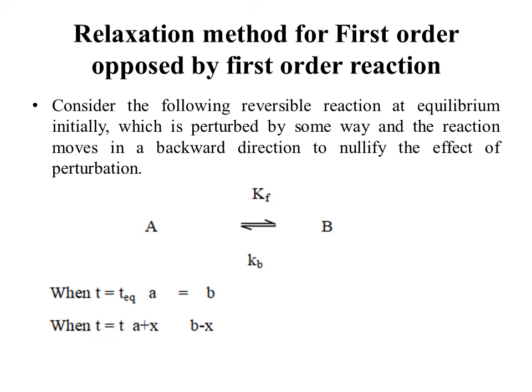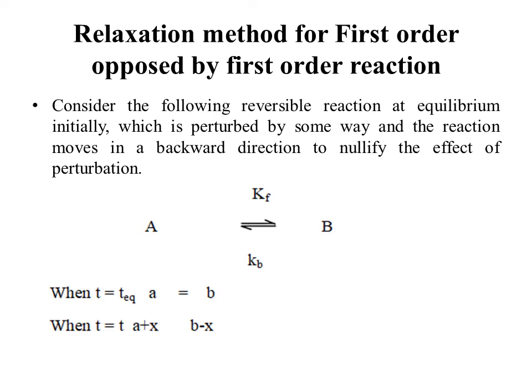When t is equal to t equilibrium, the concentration of A is small a and the concentration of component B, the product, is small b.